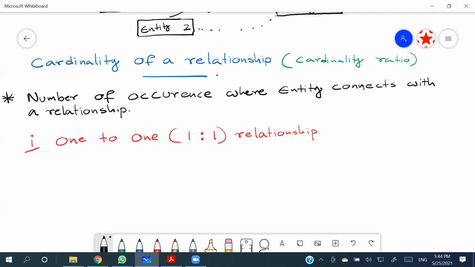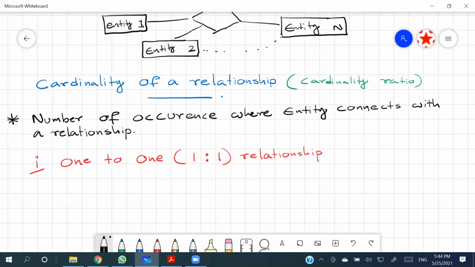I'll write the scenario as well as draw it, so you know what to do when a scenario is given. The scenario can be described like this. I'm taking the relationship between teacher and student for all three examples.